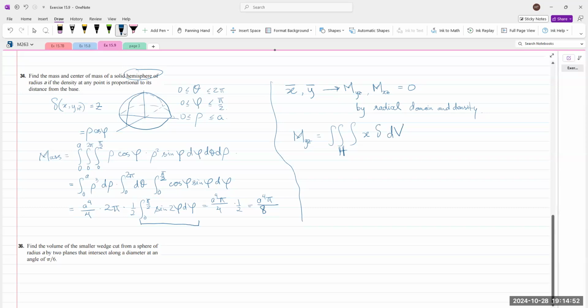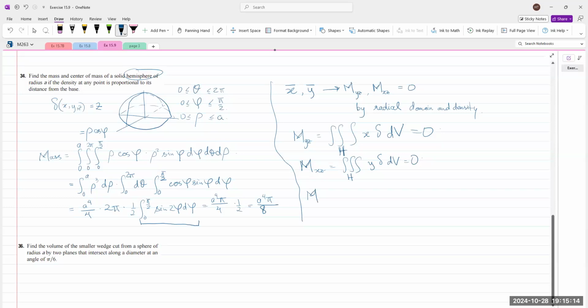But you will see that because it's radial, so it's symmetric with respect to the yz plane, this equals 0. Likewise, the moment with respect to the xz plane is the triple integral over the hemisphere of y times density d phi, you will also find that to be 0.